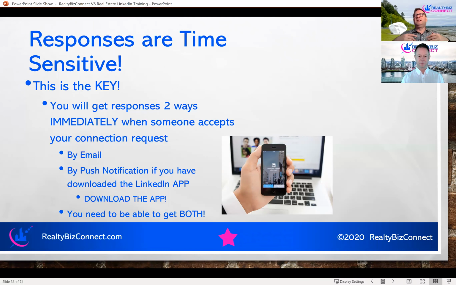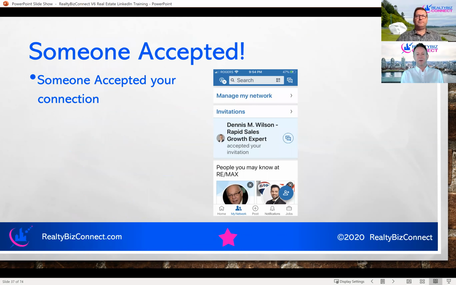Within 24 hours is the goal. Within hours is better. Within minutes is best. Getting that notification on your phone that somebody has accepted your connection and being able to follow up immediately, they could still be on your profile when you message them. At the very least, they're on their phone and they have time to talk to you.